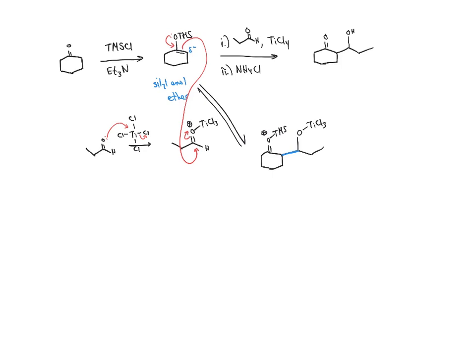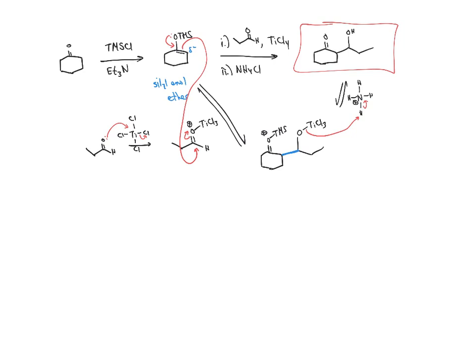And then, of course, we can simply use ammonium chloride as a proton source in a workup step, and that's going to protonate off the oxygen-titanium bond to give us the beta-hydroxy carbonyl compound as our product. So this is a Mukaiyama aldol reaction.